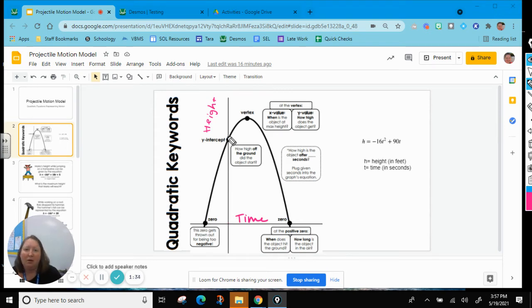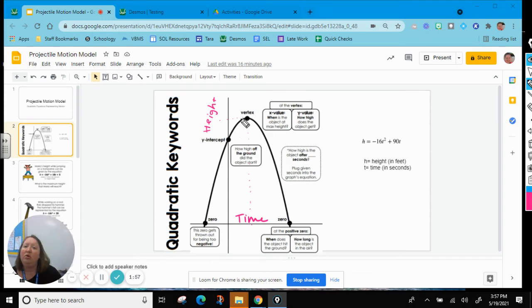Now the vertex is the absolute maximum height, and the time it took to get to that maximum height. The height is the y value of the vertex, and the time it took to get there is the x value of the vertex.